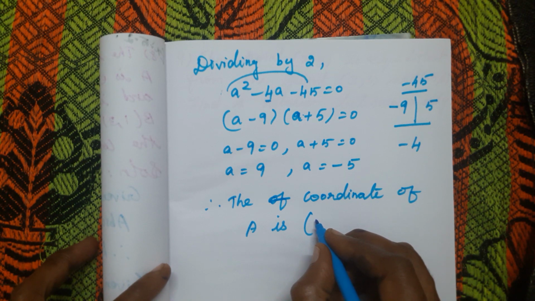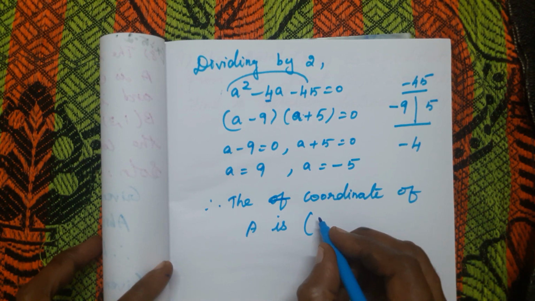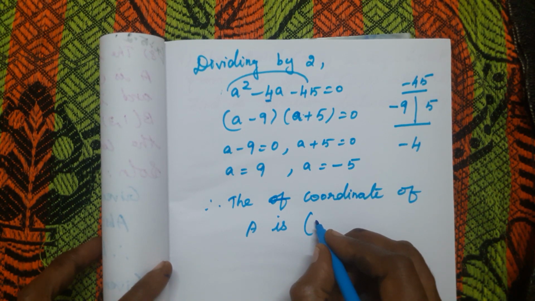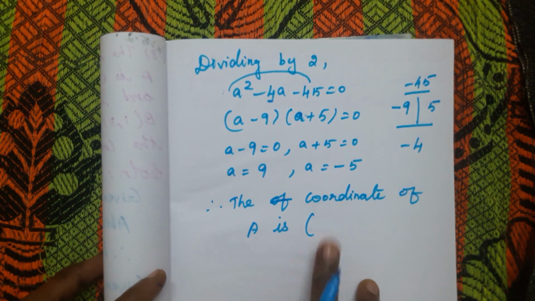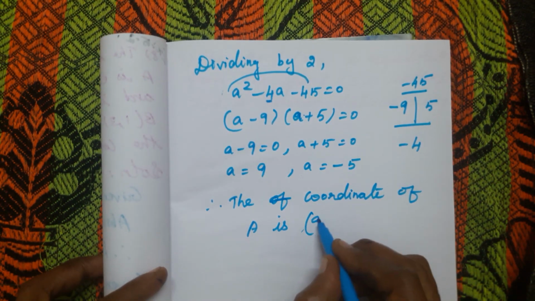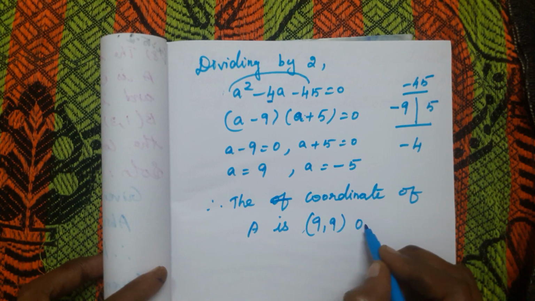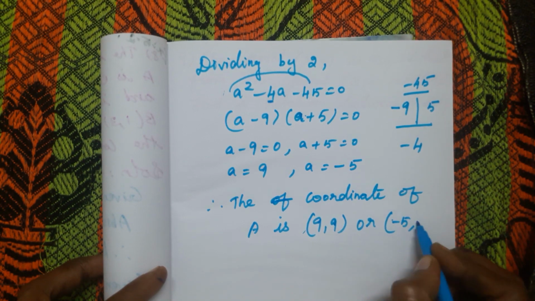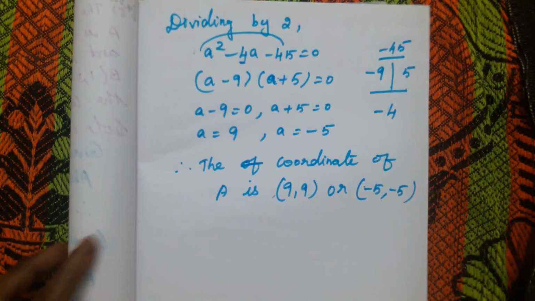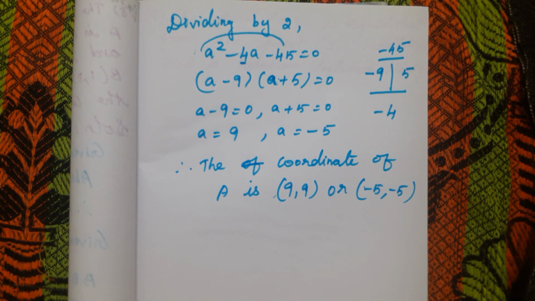Ordinate is equal to abscissa. What is the coordinate of A? A comma A. So 9 comma 9 or minus 5 comma minus 5. It is the coordinate of A. Can you understand this? Okay.